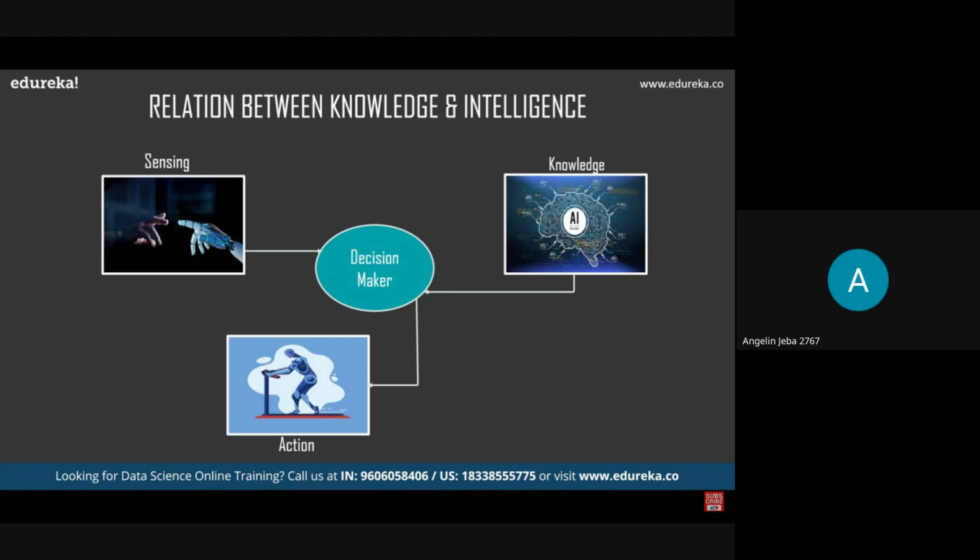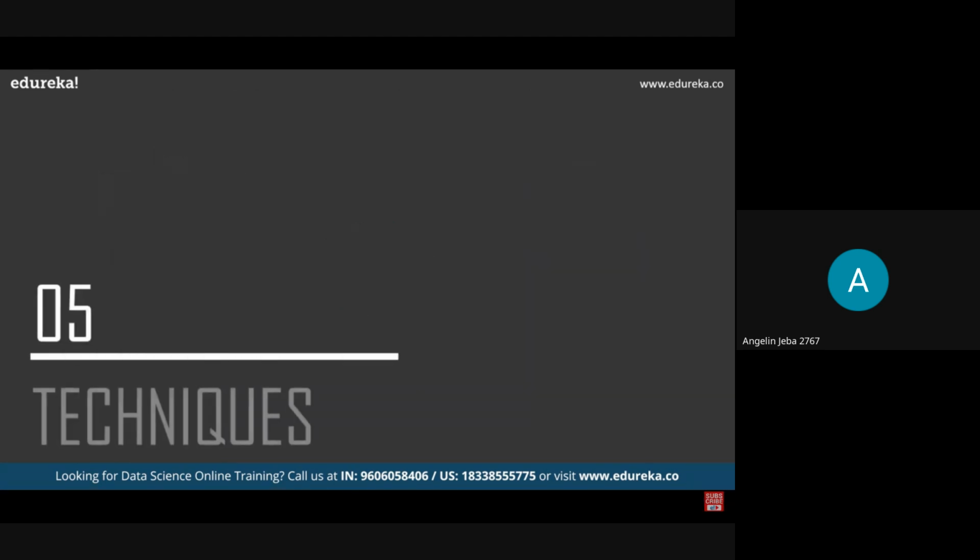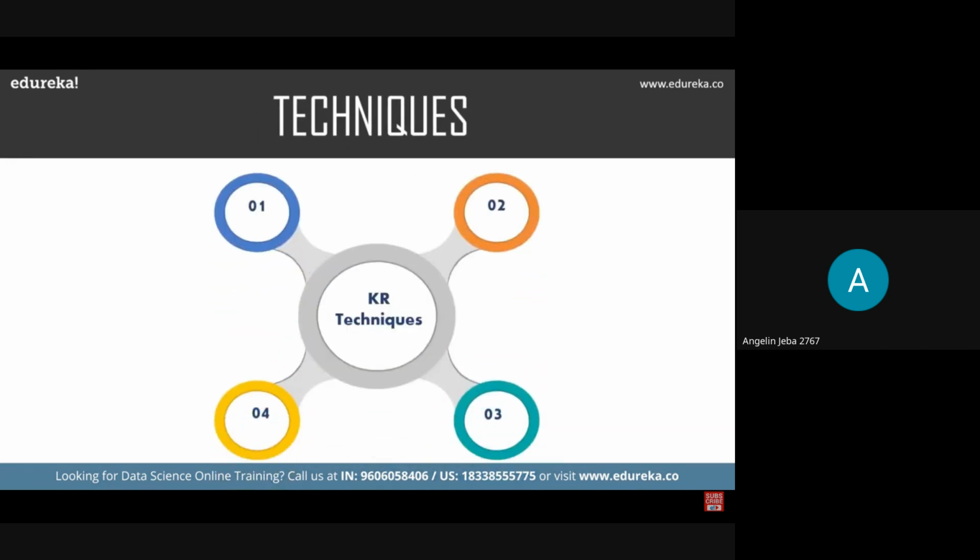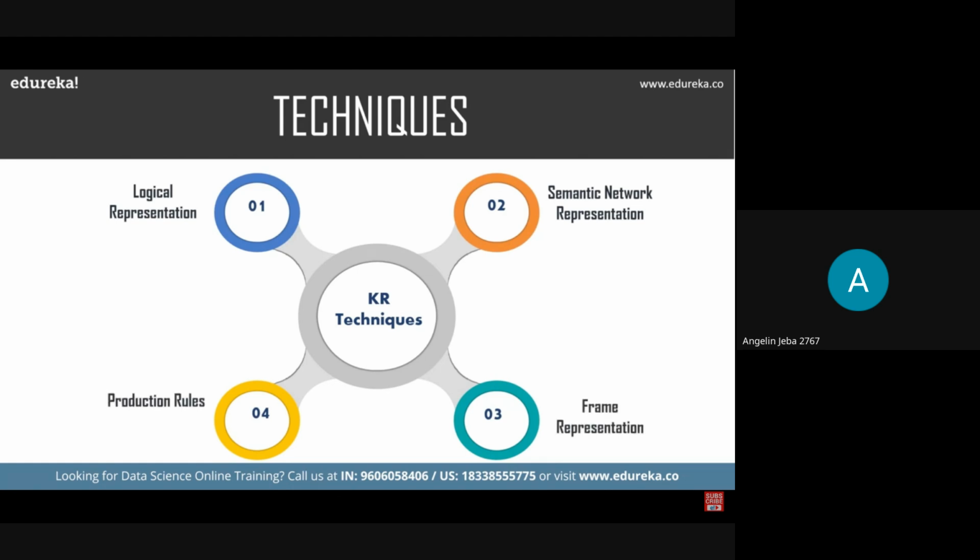So now that you know the relationship between knowledge and intelligence, let's move on to the techniques of knowledge representation in AI. Now, talking about the techniques, there are 4 techniques of representing knowledge. These 4 techniques include logical representation, semantic network representation, frame representation, and production rules.